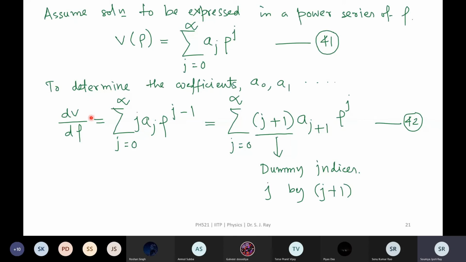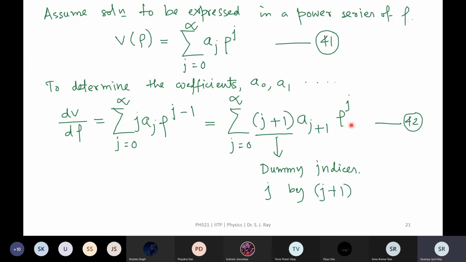We'll take the first derivative, dv by d rho. If we do that, then it will be j times a j and rho to the power j minus 1. Now I can simply rewrite this as j plus 1 times a j plus 1 times rho to the power j.